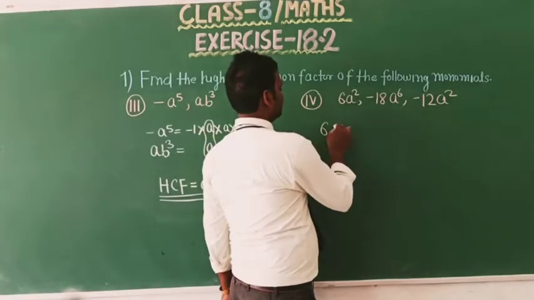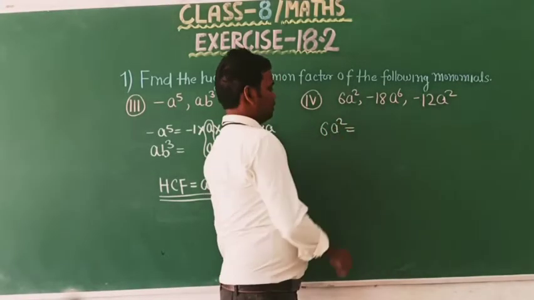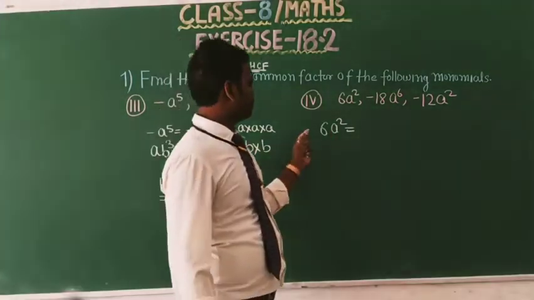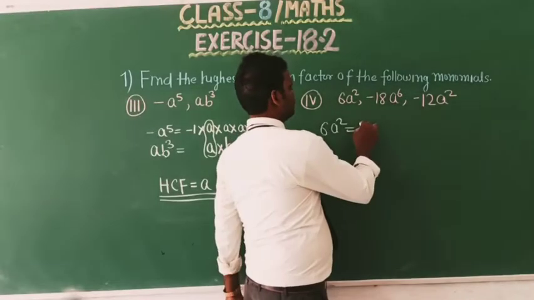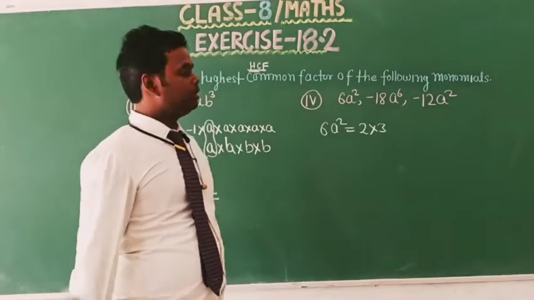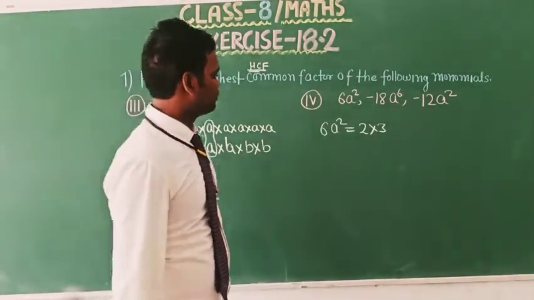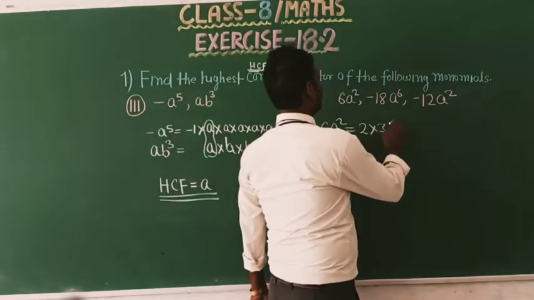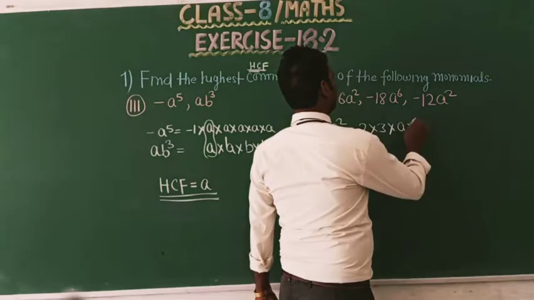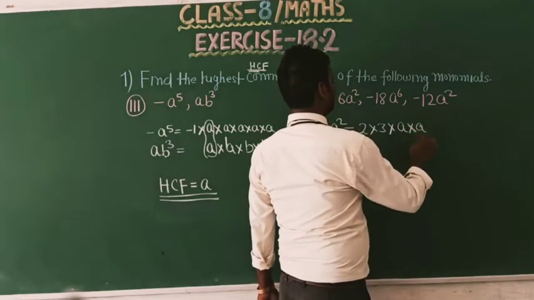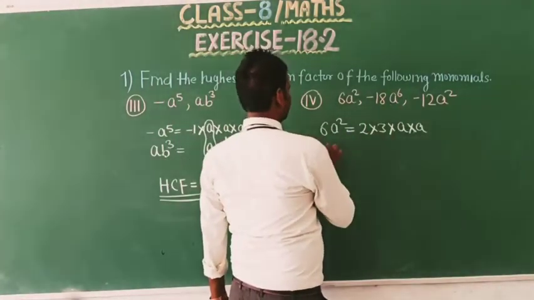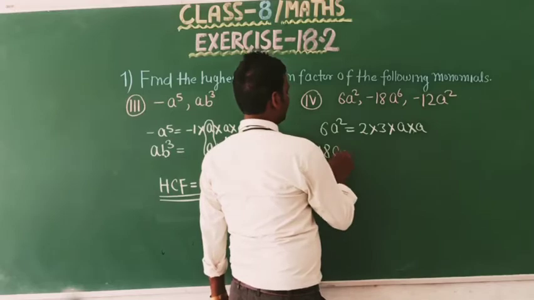Expression 6a square: now write all the factors of this expression. 6 can be written as 2 into 3, and a square is the product of a into a, 2 times. The second expression is minus 18a to the power 6.